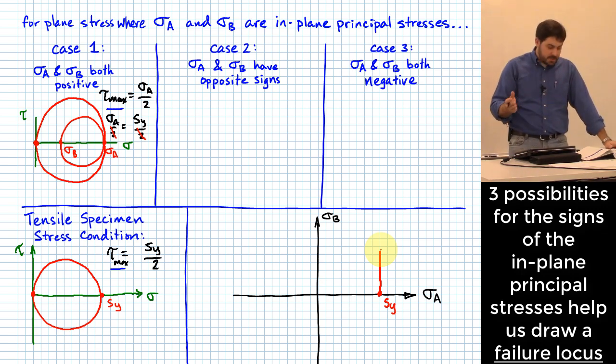Do you agree? If it's to the left of that line, we don't predict that it will yield. But if it goes to the right of that line, we predict that it will yield.